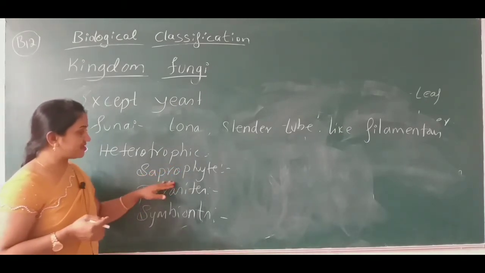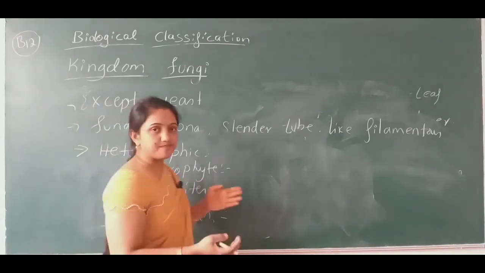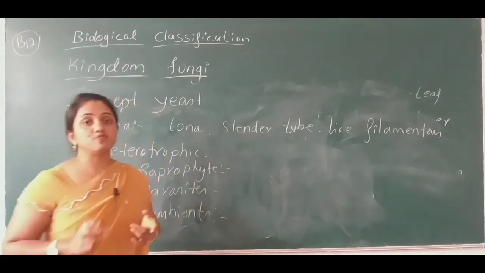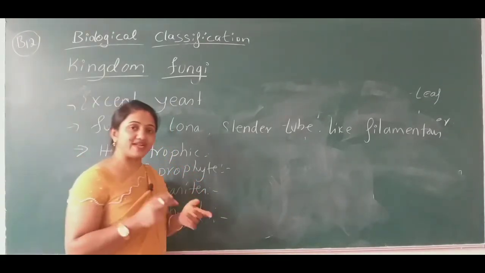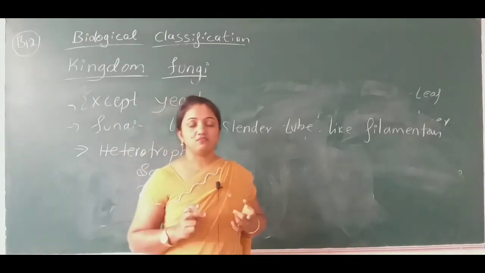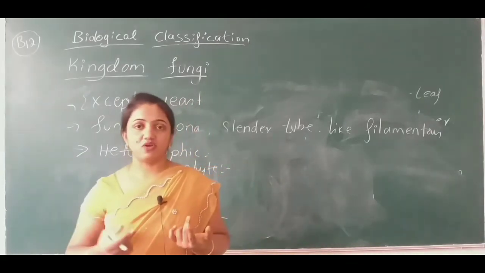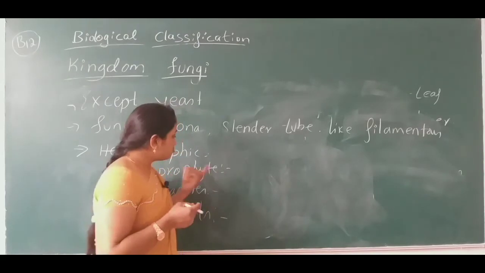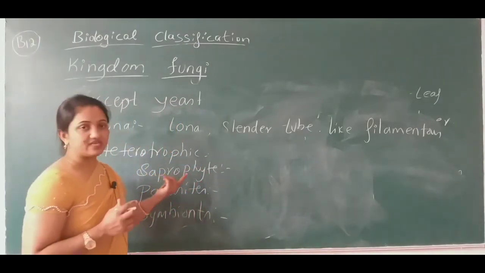This kind of fungi is going to absorb the soluble organic matter from dead and decaying leaves or animals. So those kinds of fungi are known as saprophytes.